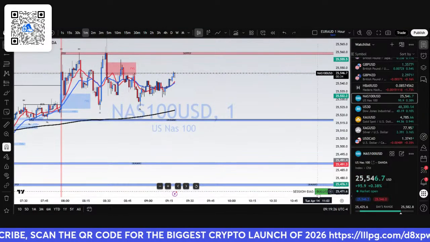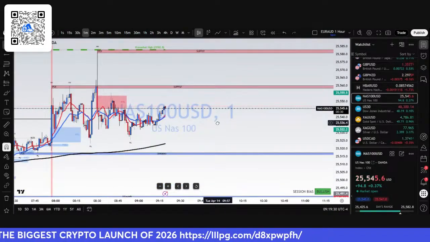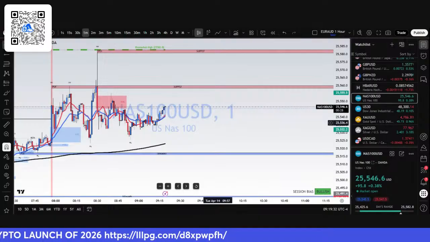Here too, you see the session bias is bullish. So we're looking for a pullback and we're looking for buys. Okay?